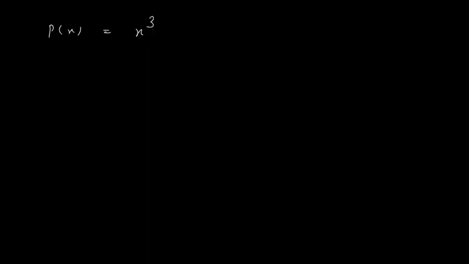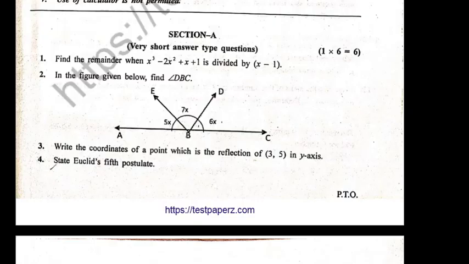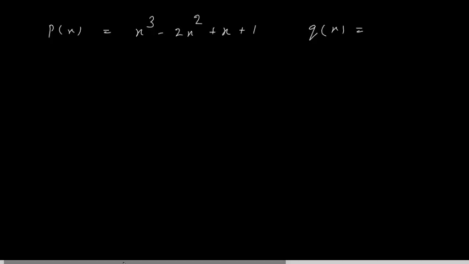This p of x is divided by q of x, which is x minus 1. So this is p of x, this is q of x.